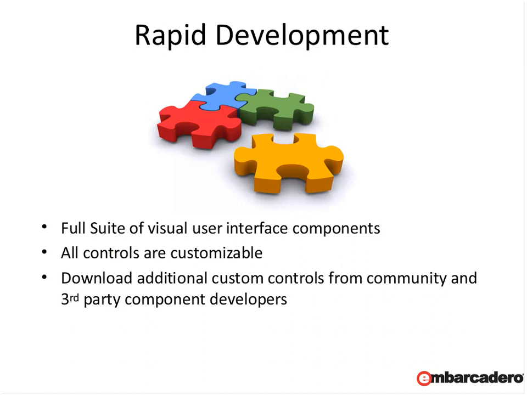We ship with a list of included styles that you can apply, including native styles, so you have Windows 7 styles, iOS styles, Mac styles, to give your users that custom look and feel that they're expecting from the applications that they're building, and the user experience that they want to be able to provide to their customers. And you can also download additional custom controls from the community and third-party component developers as well.